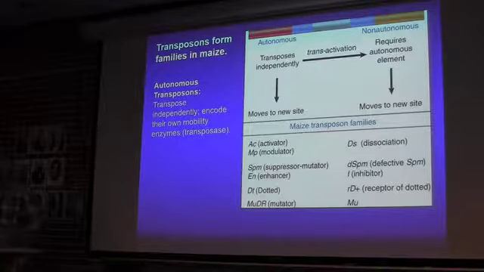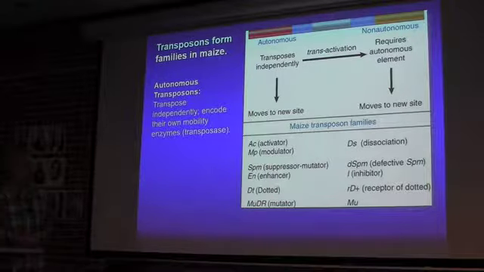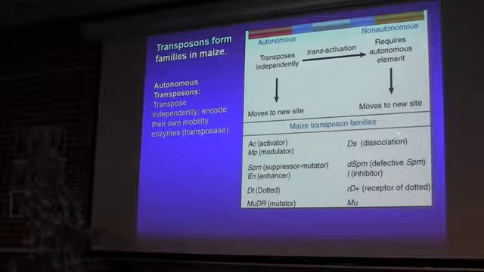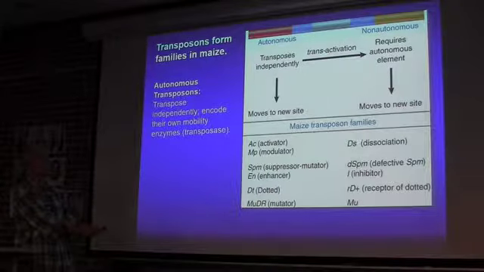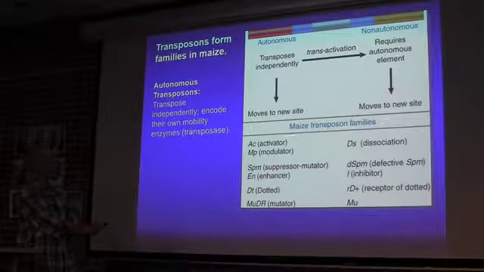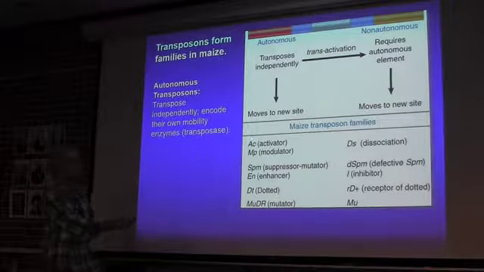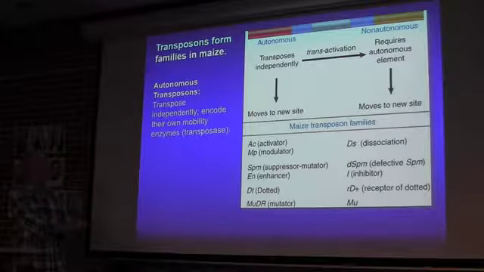Okay, so here we get finally to the story with autonomous and non-autonomous. In the case of DS, and you see DS on the right here, dissociation because it causes so much fusion and breakage, but it's actually ancestrally related to Activator, AC. This contains the transposase and it jumps, AC.